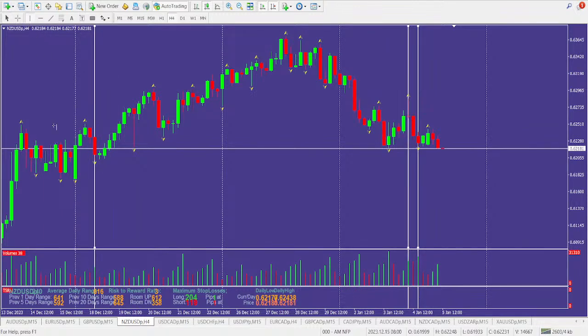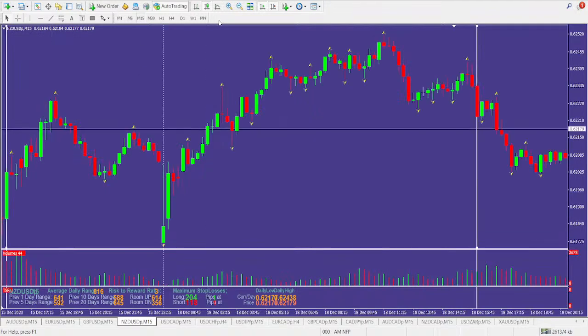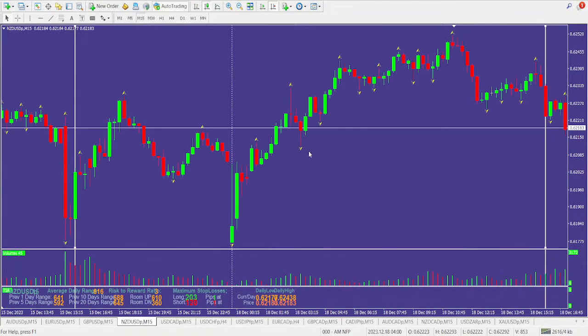We've got a level here and another level over there. Okay, so we'll go from the 4-hour time frame to the 15-minute time frame, starting with our demand setups.